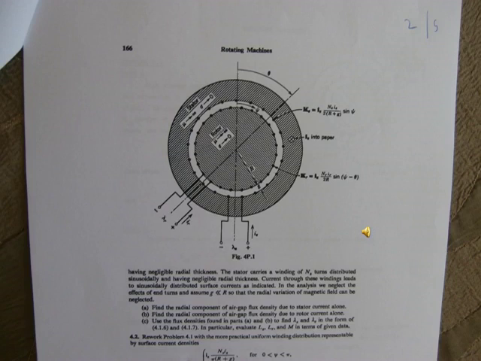In this case, we utilize the flux linkage equation: B_R equals B_RS plus B_RR, which equals mu 0 divided by 2g multiplied by N_S I_S cos psi plus N_R I_R cos(psi minus beta). That equation we write down.